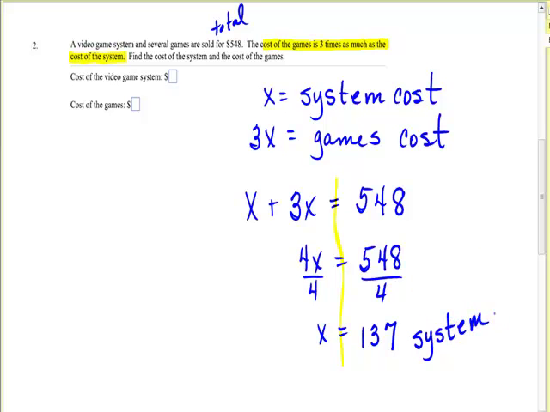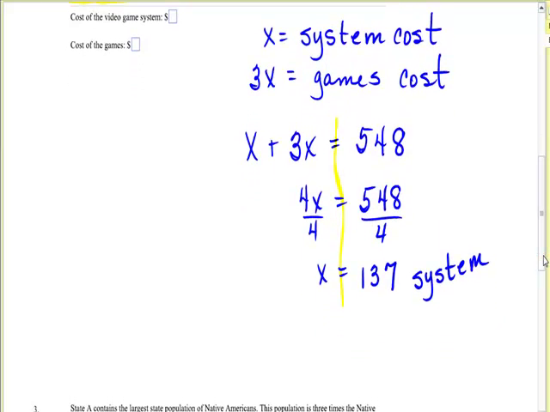How am I going to figure out the cost of the games? Well, the games are 3x. 3x means 3 times x. It's 3 times what I just got, 137, which is 411. So I have $137 for the system and $411 for the games, and I would answer those in the correct spot.